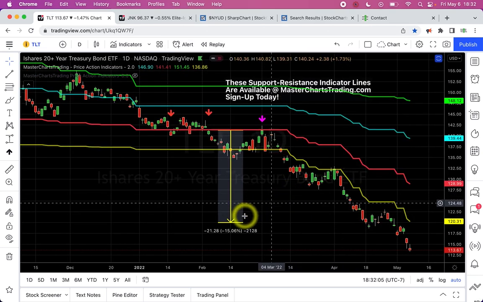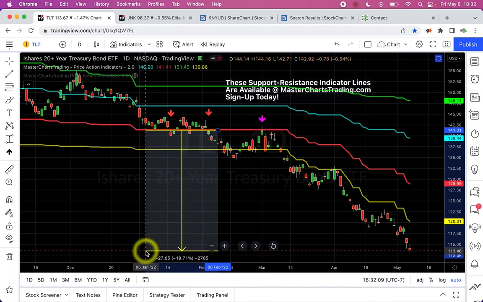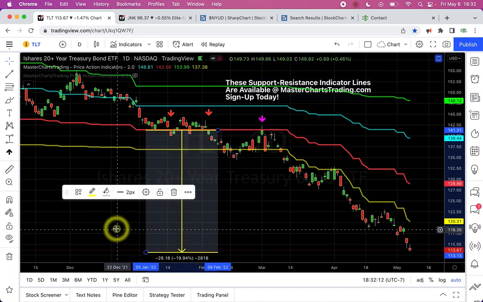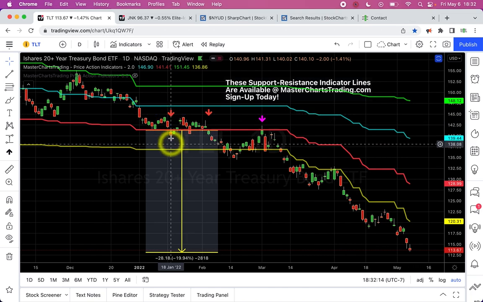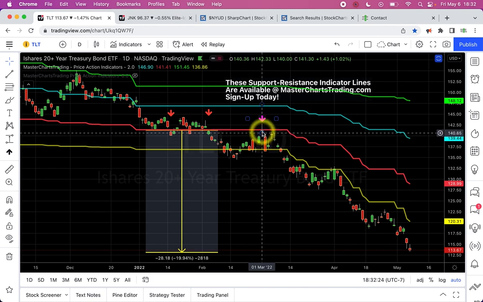Looking at Treasury bonds, TLT, this thing also unraveled. You can see a couple of opportunities, one right there on January 18th, another opportunity to sell short on February 3rd, and a great opportunity to sell short on the 1st of March.